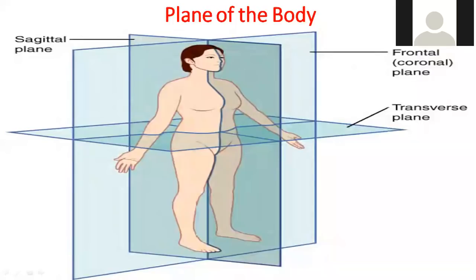For the frontal plane, I told you it is otherwise known as the coronal plane. In this context, the plane divides the body or an organ into the anterior and posterior parts. I'm sure you are following me, and that is why you don't have to discuss the anatomical terms again before we come into this.